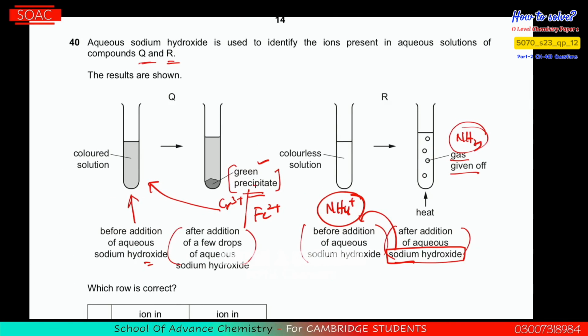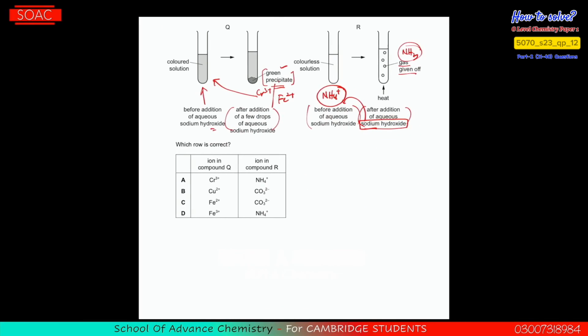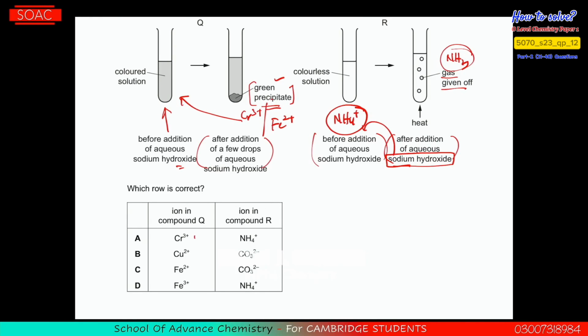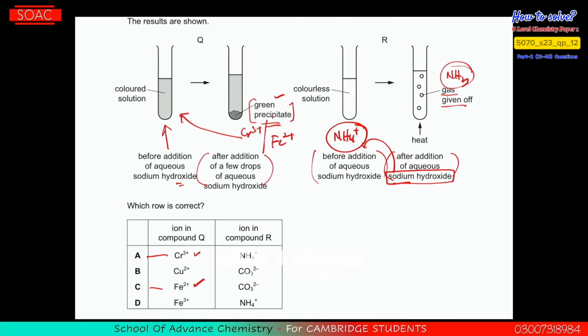Now come towards the options. So Q may be chromium 3 positive or iron 2, so either A or C may be the correct option. And as you have seen, in R there must be ammonium ion to make ammonia gas. So A is the correct option.